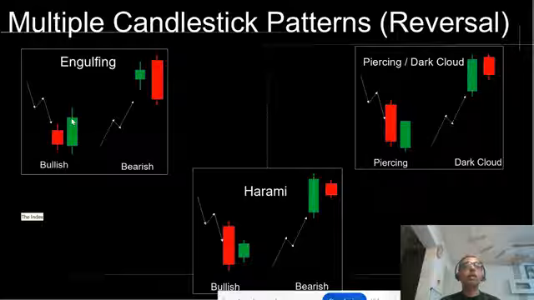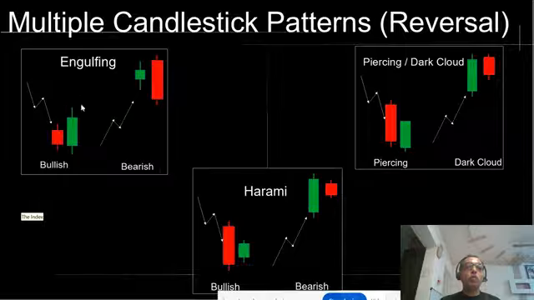So a trader would place a buy order above this wick, 1 point or 1 rupee above this wick, and put a stop loss below this wick, right? If the price starts going up, as soon as it goes above this wick, he would be in the trade.